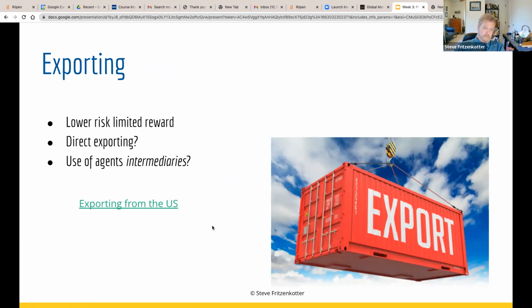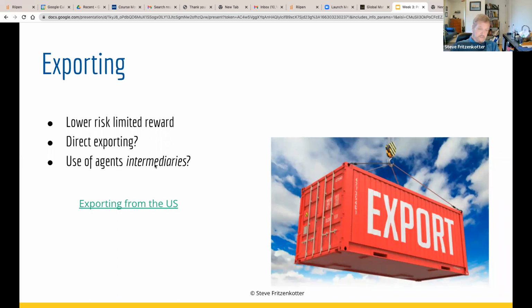Exportation has to do with low control, lower risk, also potentially lower profit margin, because you're shipping the product. You've got shipping costs and you've got distribution costs. Sometimes we use what's called an intermediary.